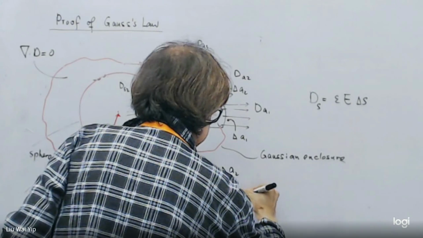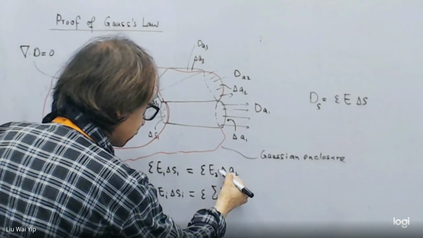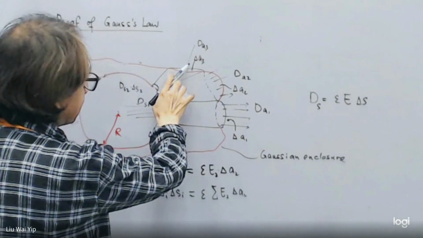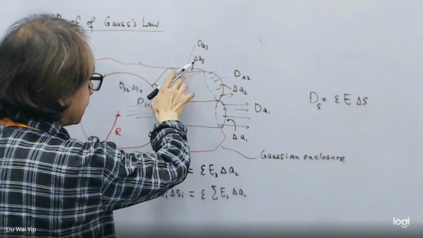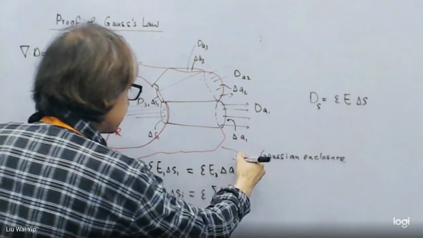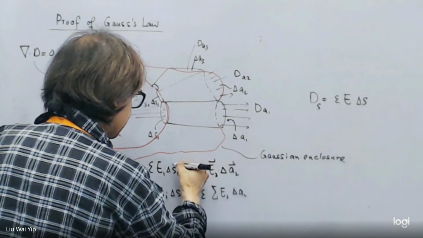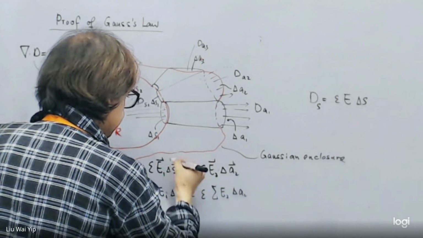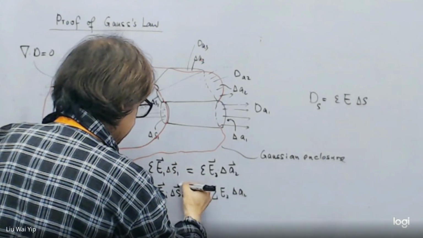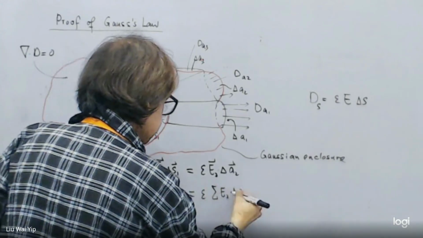And A2. And again, we have to emphasize this must be a vector, because the direction of the E field doesn't have to be the same as the direction of area. So it's better for us to highlight the fact that it's a vector, and this is a dot product.